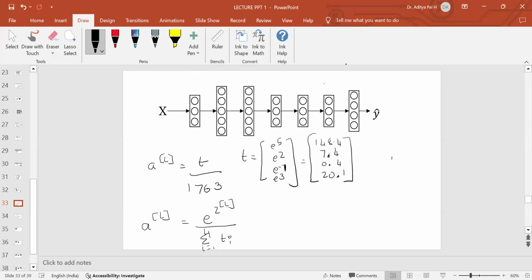The total T value is the sum of T of i, made of e power 5, e power 2, e power minus 1, and e power 3.